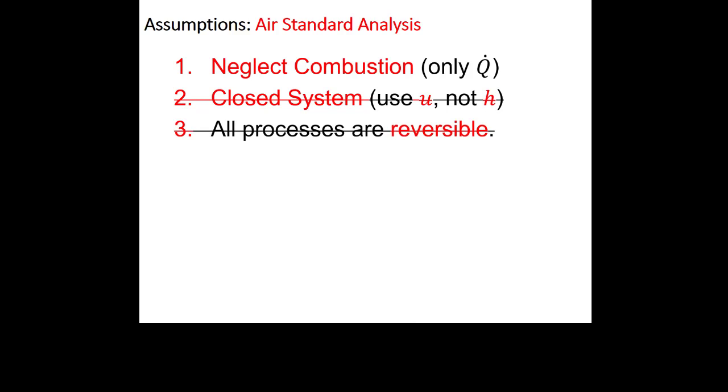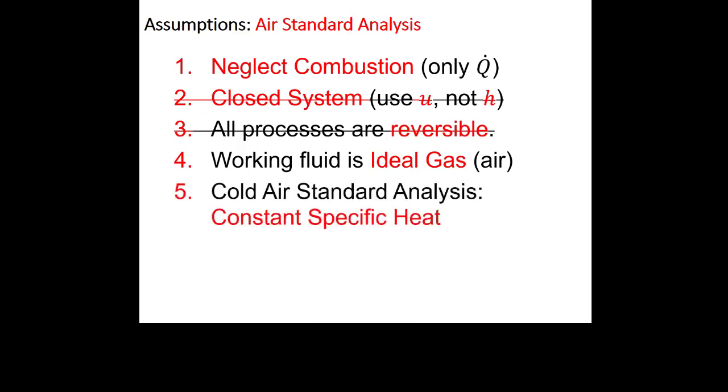We're not going to say that all processes are reversible, although we may sometimes talk about reversible or ideal turbines and compressors. The working fluid is going to be air, which is an ideal gas. We're not going to account for the fact that really the chemical composition of the gas is changing because there's this combustion reaction that happens.